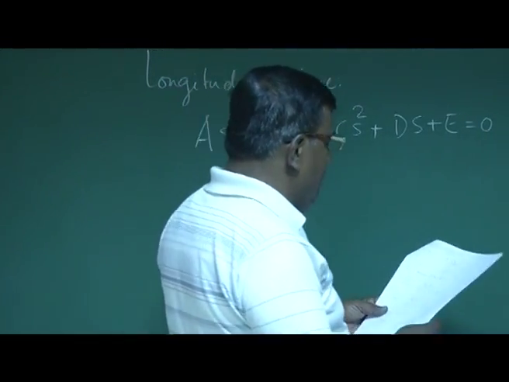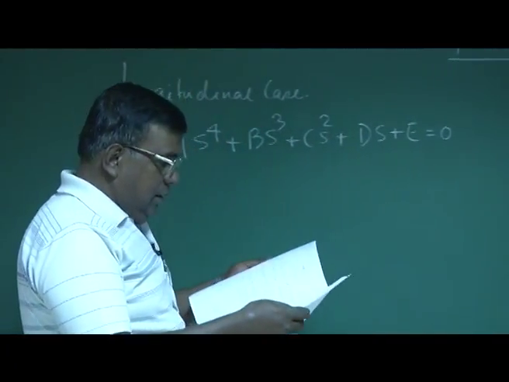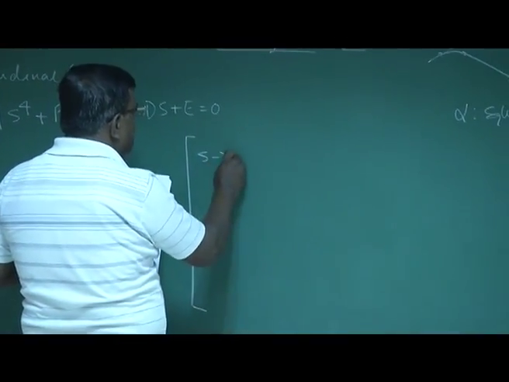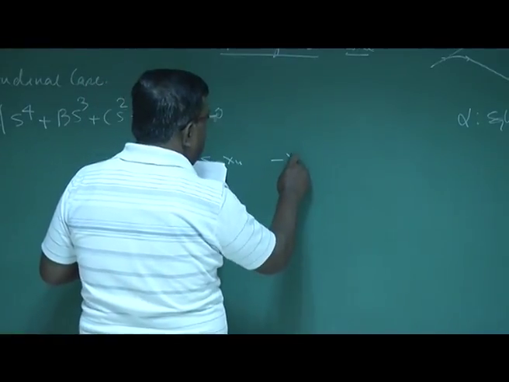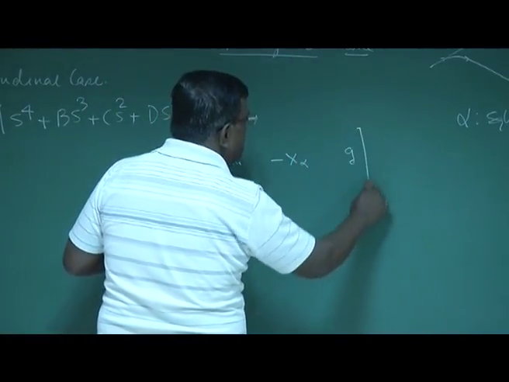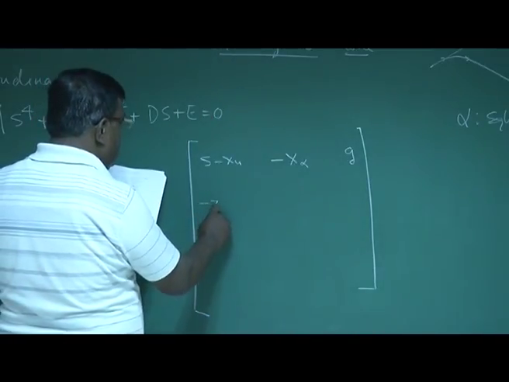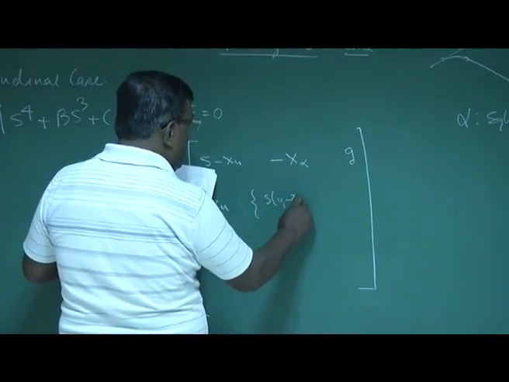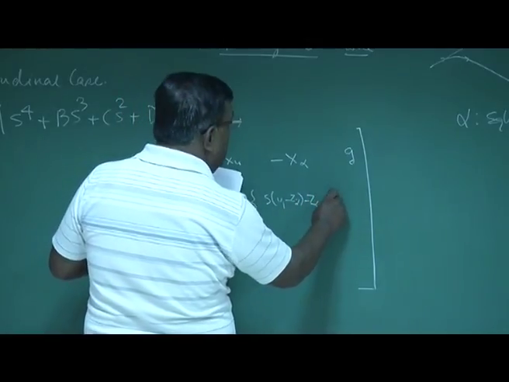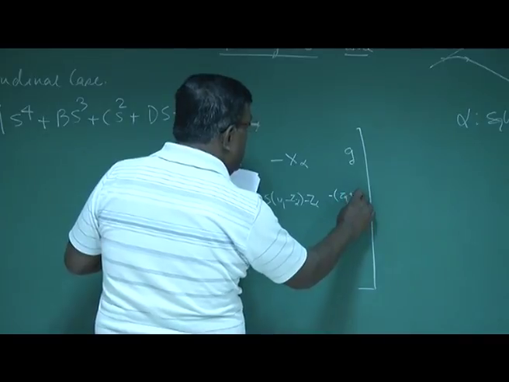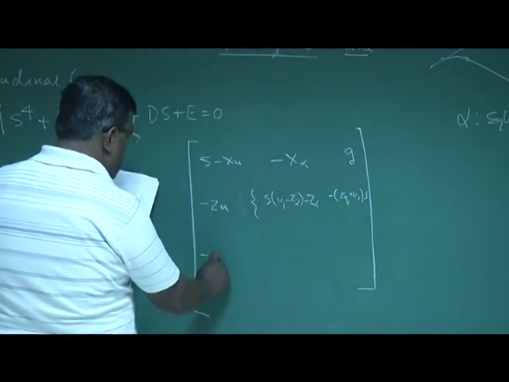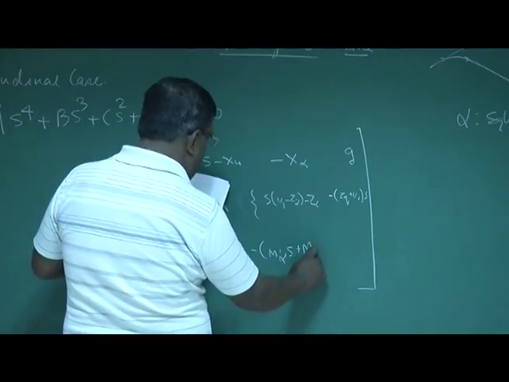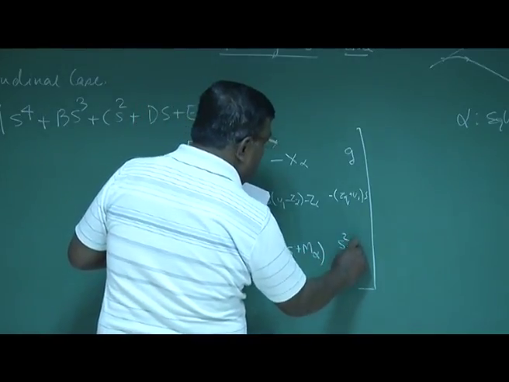And if we do that, let me show you the trick. We have the determinant with entries S minus x_u, minus x_alpha, g, then minus z_u, u1 minus z_alpha dot, minus z_alpha, minus (z_q plus u1) into s, minus m_u, m_alpha dot s plus m_alpha, and s square minus m_q s.